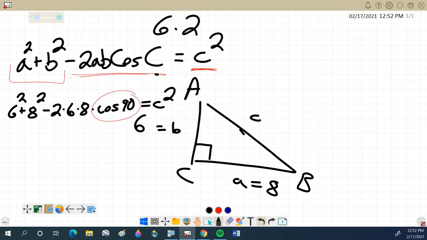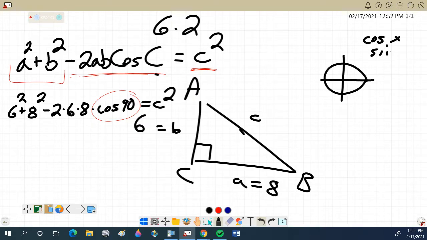So think back to your unit circle. Cosine is x, sine is y. Where is 90 degrees? Right here. What is the x value at that point? 0. So what happens to this? It all goes away.